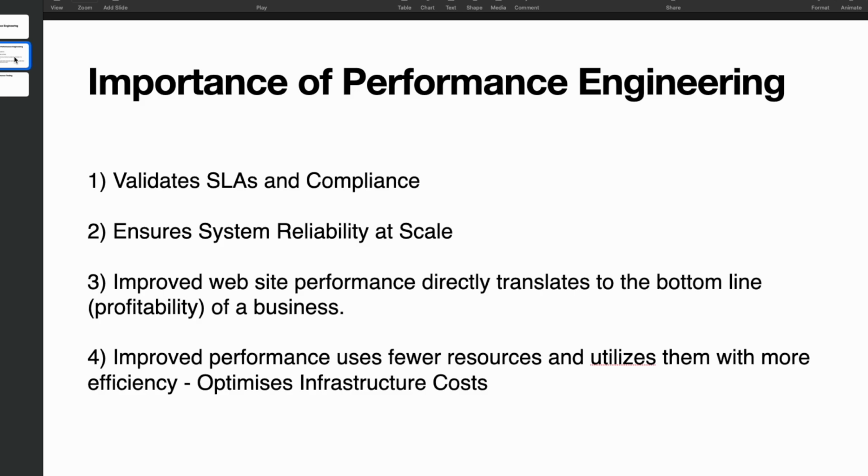The next point is improved performance uses fewer resources and utilizes them with more efficiency. What does that mean? It optimizes the infrastructure cost. How does it optimize the infrastructure cost? Let's say 100,000 users are hitting the application. Your application might not need that many servers. How do you understand that? By doing performance testing. When you do performance testing, you will get to know how your server is responding. Let's say you try with 10 instances of your application server, or 15, or 20.